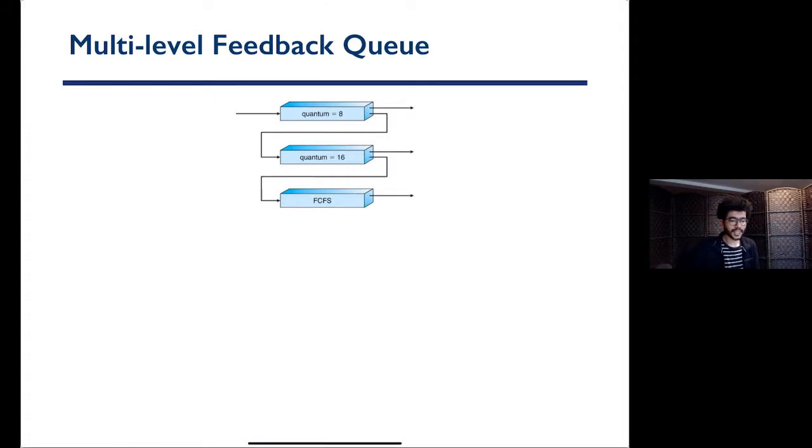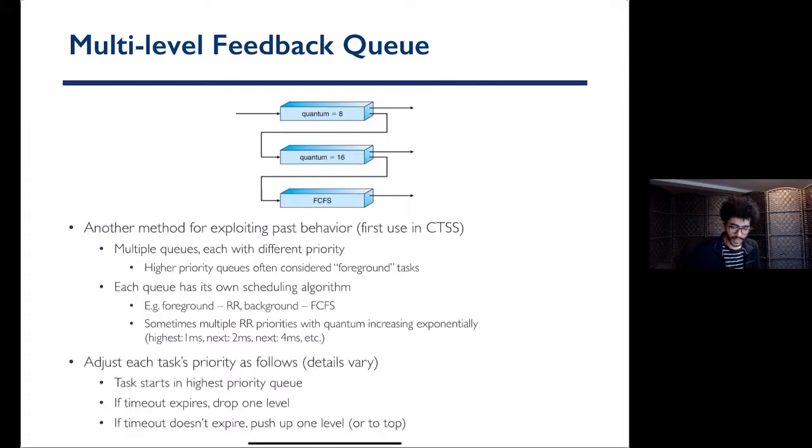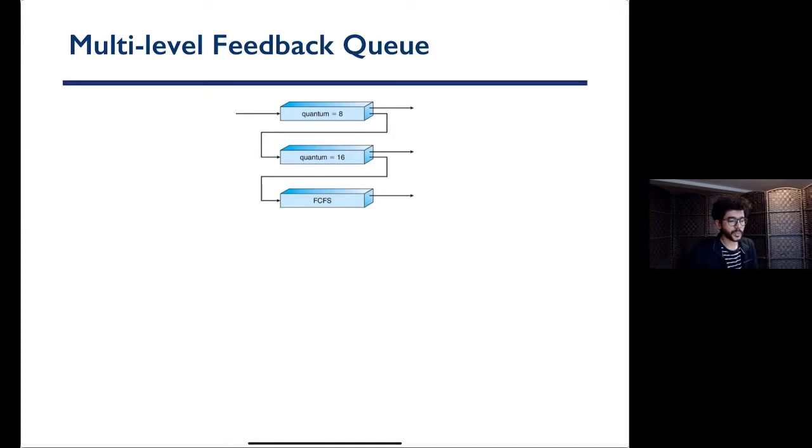So when a new task comes, it goes to the highest priority queue, and at some point, it gets scheduled. We're going to do round robin in the top queues, and in the bottom queue, we probably want to do FCFS.